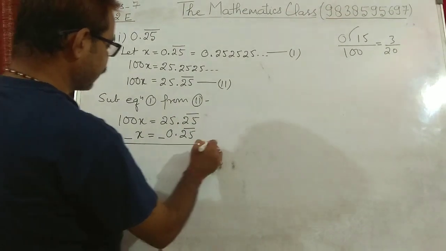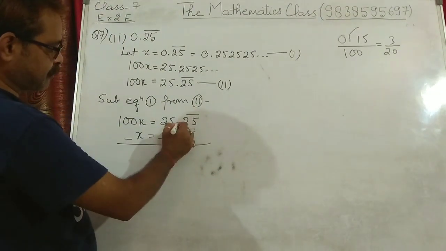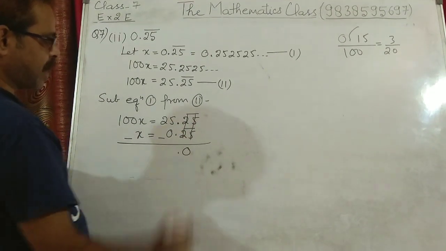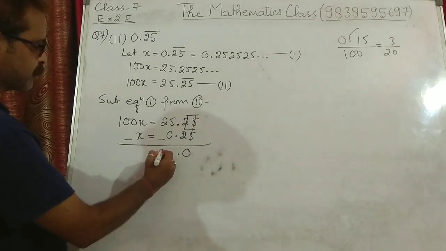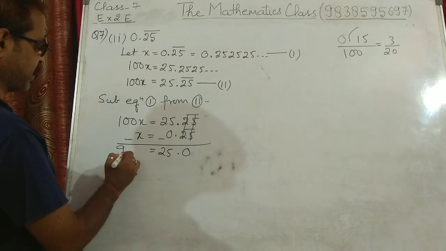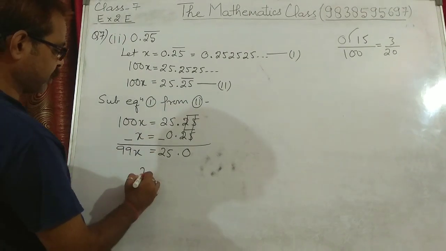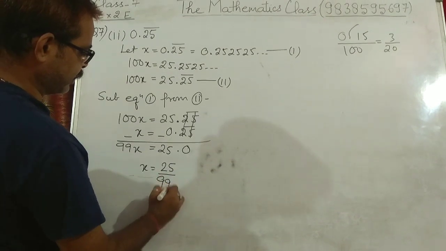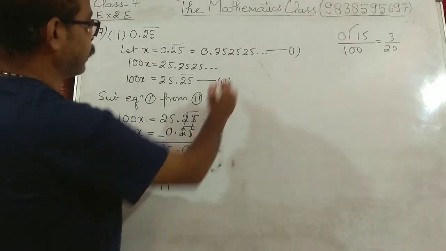Minus. Now it means all these numbers after the decimal will cancel each other and the final value will be 0 after the decimal. Before the decimal we are getting 25 minus 0 is 25, equal to 100 minus 1 is 99x. So x is equal to 25 upon 99, that is the value.